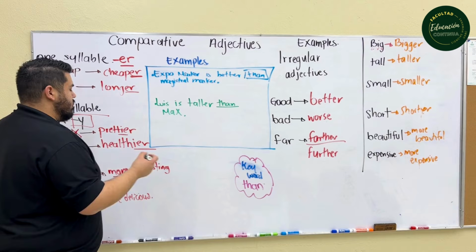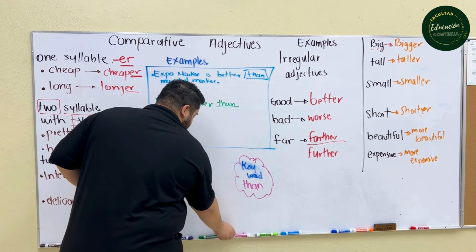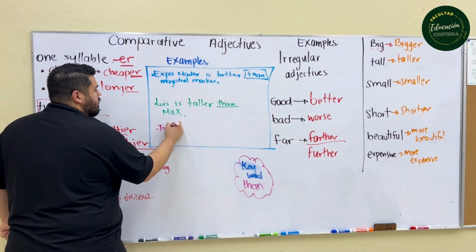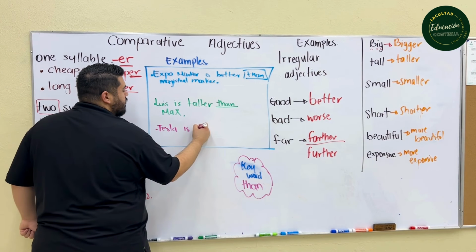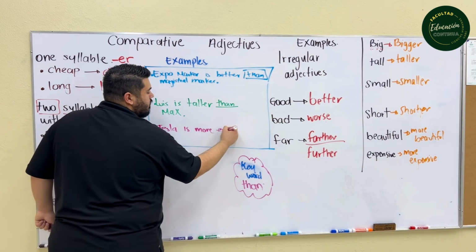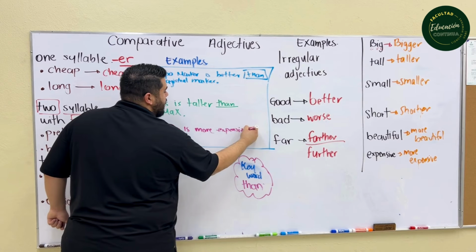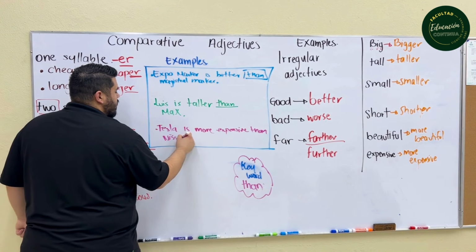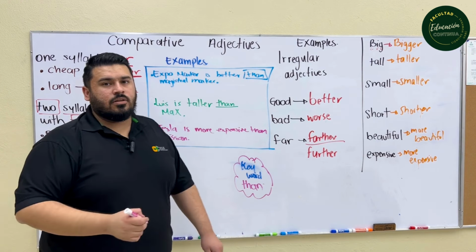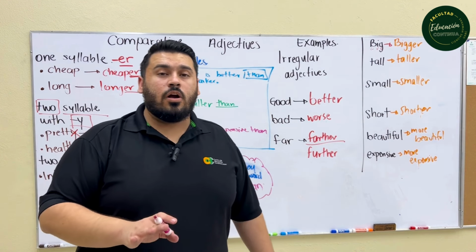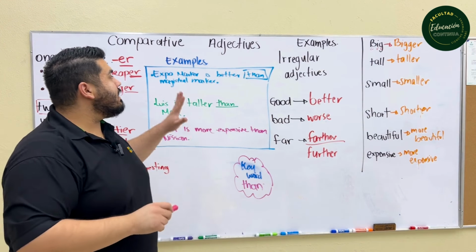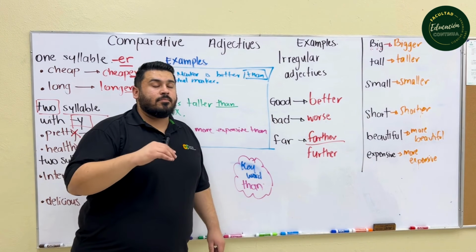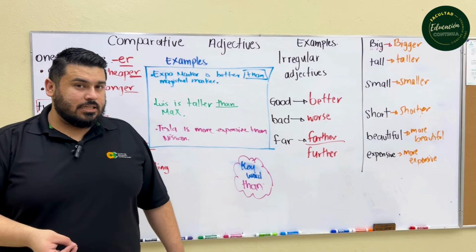We're going to use this one. Tesla is more expensive than Nissan. So those are the types of sentences that we can use with comparative adjectives.